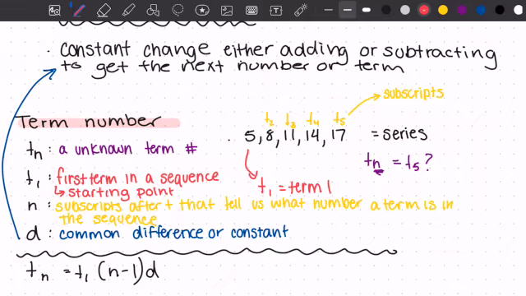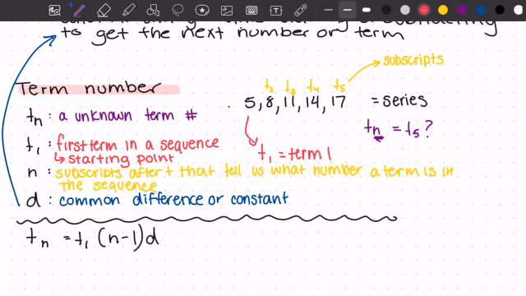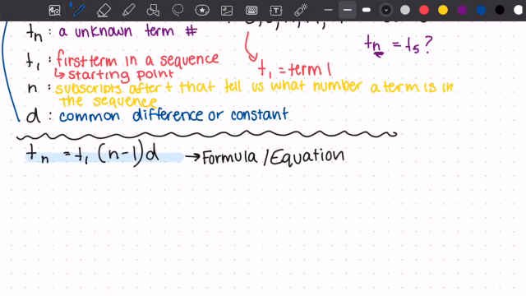Now we can use a formula. Our formula, or our equation, is this one right here. Anytime we have a value or information, we can plug those numbers into this formula to solve for our common difference, our Tn, our T1, any of that. Let's look at an example.